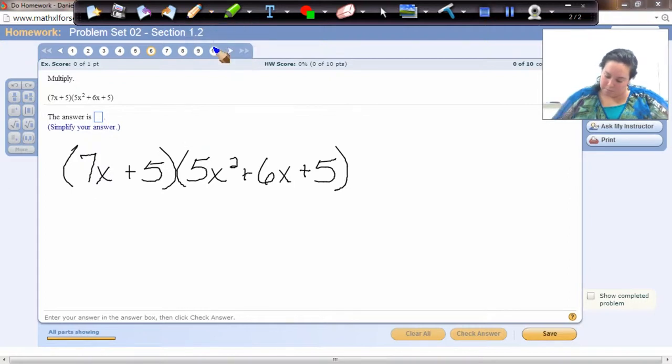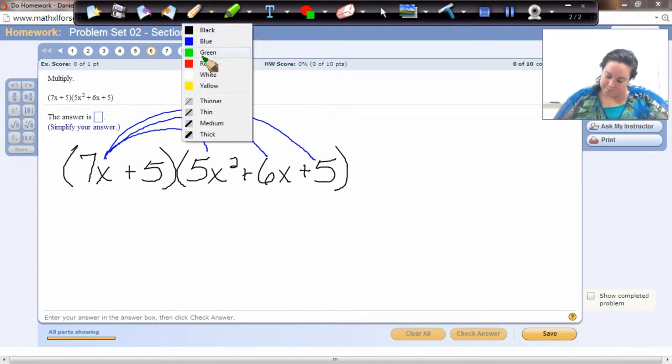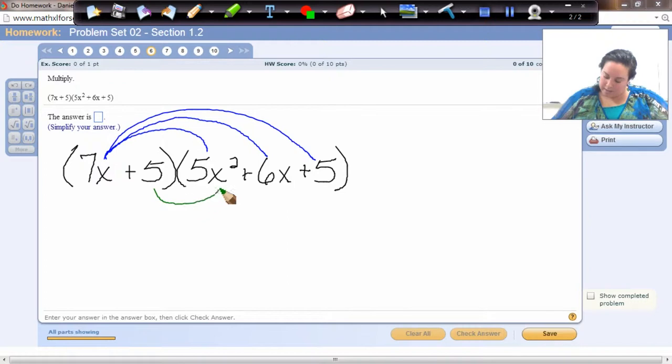So we're going to distribute each term in the first polynomial to each term in the second. This 7x needs to be multiplied times each term in the second polynomial, and this 5 needs to be multiplied times each term in the second polynomial. So let's start with the first one, 7x times 5x squared.